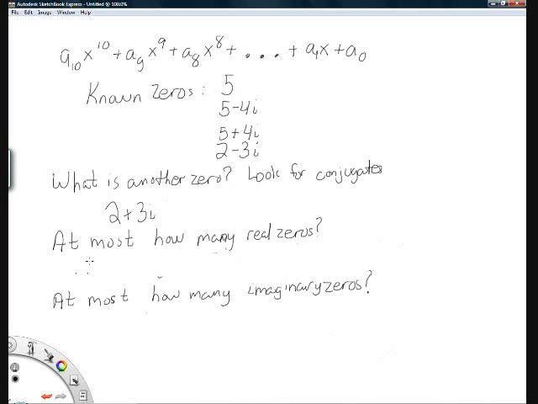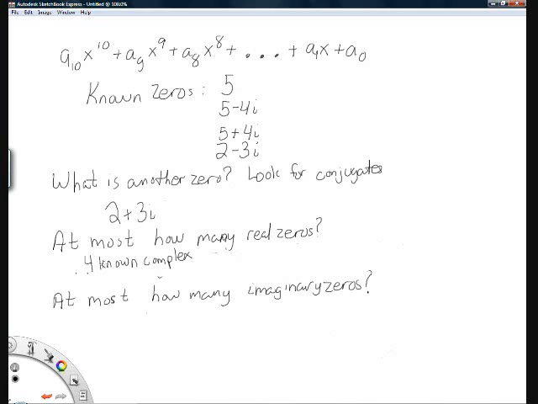At most, how many real zeros? So therefore we're looking at there are currently 4 known complex.